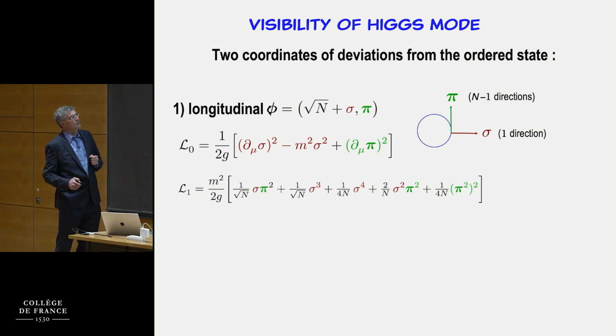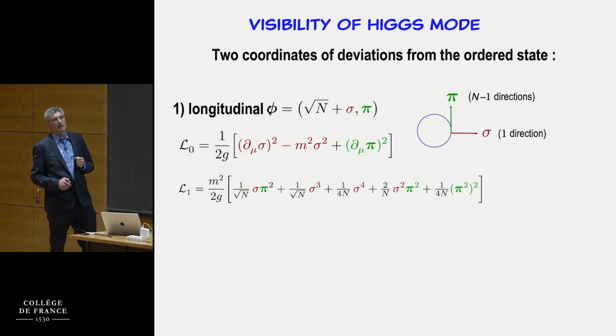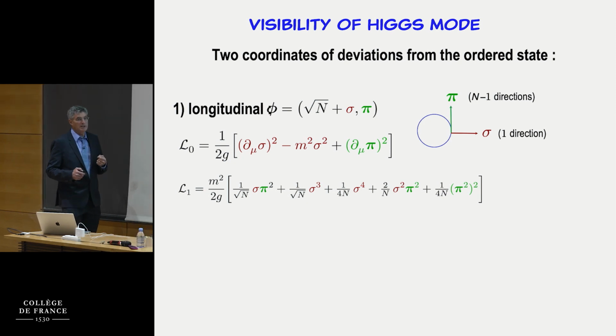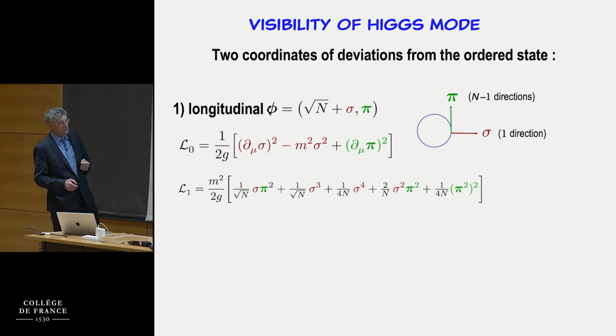However, there's this term. This term is just continuing to expand the action to third order in pi and sigma, and you find a combination of sigma pi squared. That's dangerous. Why? Because now the longitudinal mode is coupled to two Goldstone modes. And this looks dangerous, because if it couples to the Goldstone modes, it can decay. The Goldstone modes are lower energy. The other terms are not as dangerous.